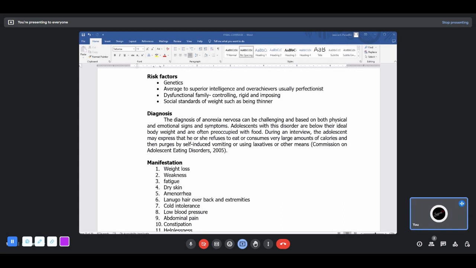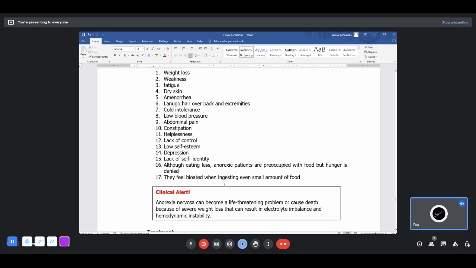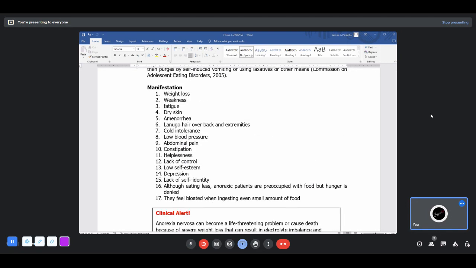Okay? For the manifestations, ano yung mga makikita natin kapag there is an eating disorder? So, we have weight loss. Siyempre, weight loss yan. Kasi nga, takot nga silang lumaki. Kapag kumain man sila, ilalabas din nila. Okay, another one, we have weakness. Okay, there is a body weakness kasi walang lakas yung katawan nila galing sa food nutrients, okay? Fatigue, madaling mapagod. Dry skin, okay?